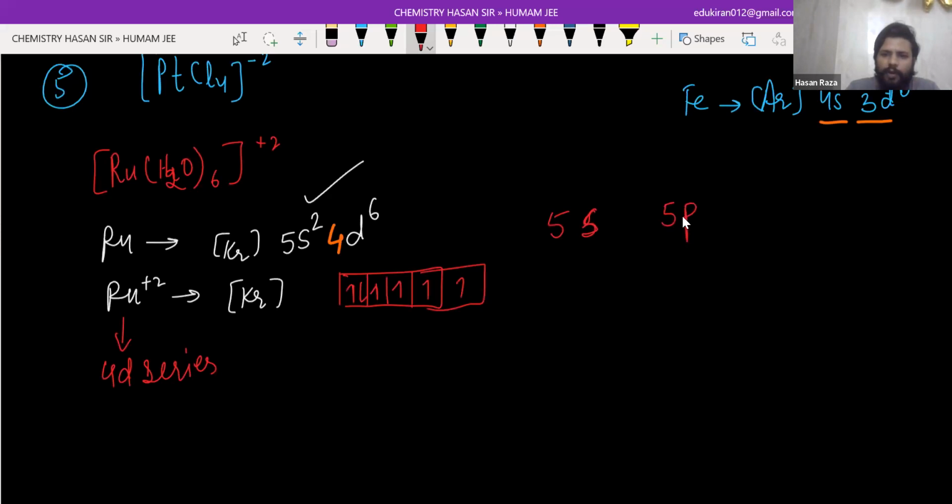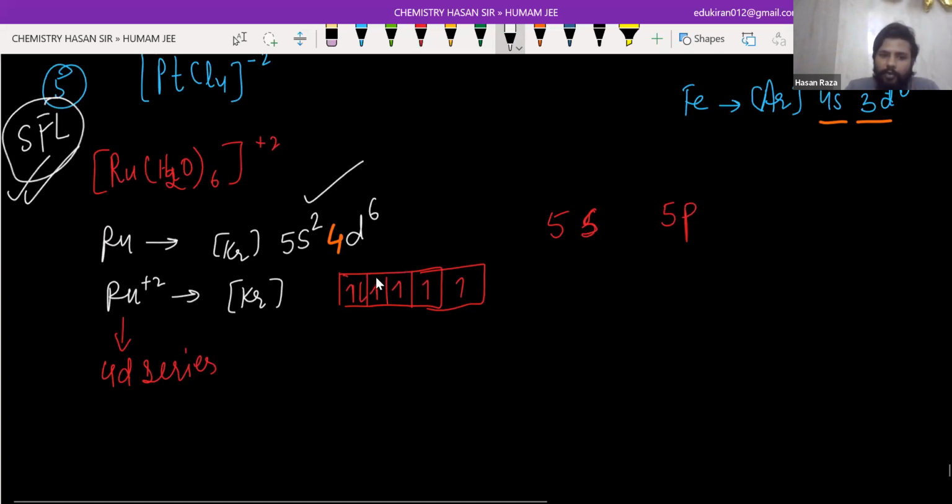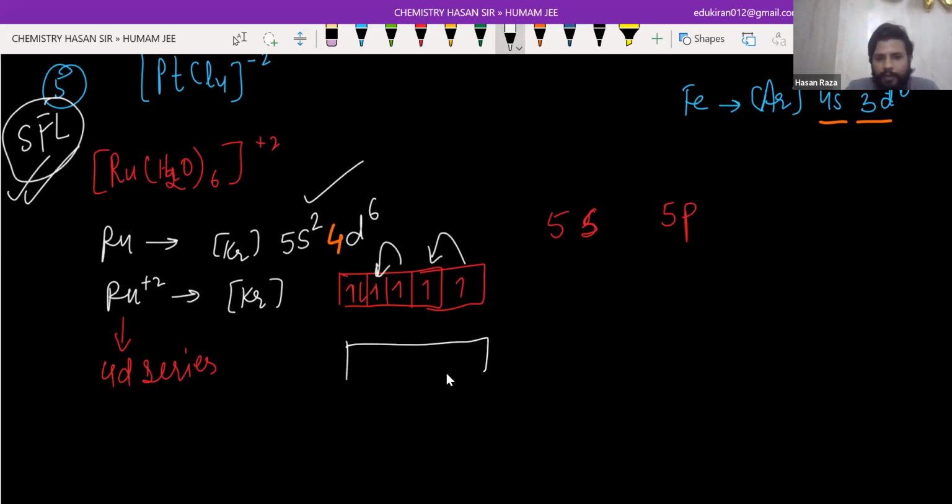What I told you, this 4d and 5d series, when it makes a complex, the ligand will act as a strong field ligand. So the pairing will take place. This becomes a paired electron, this becomes paired, this becomes paired, and 2 orbitals are empty.